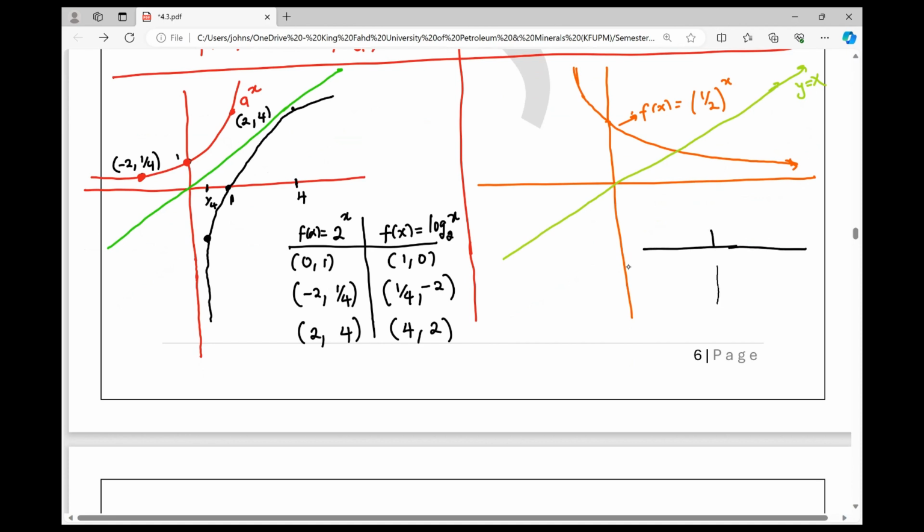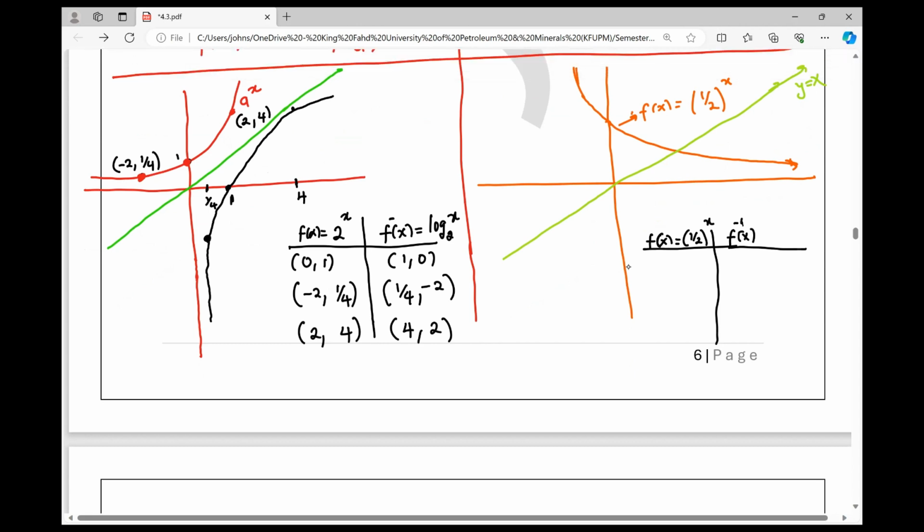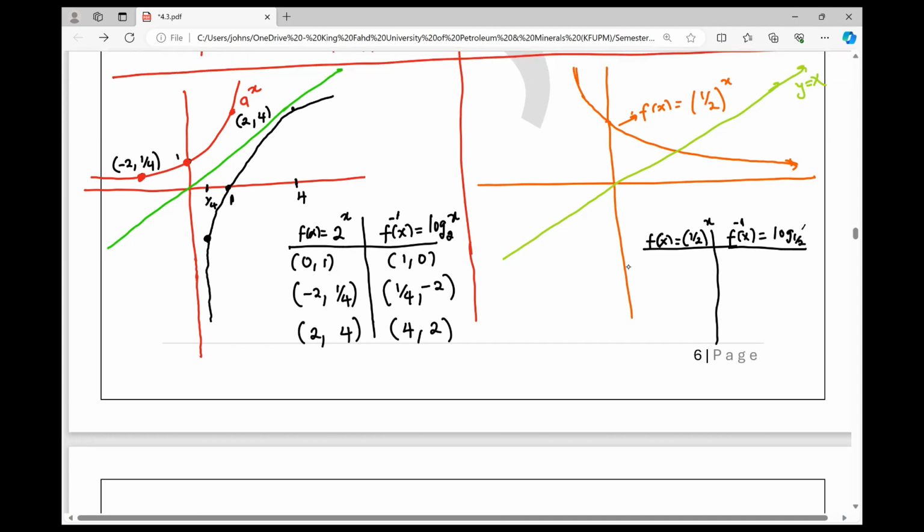Just what we did here. But here, f of x is just 1 over 2 to the power x, and its inverse, f inverse of x, is going to be just log base half of x.